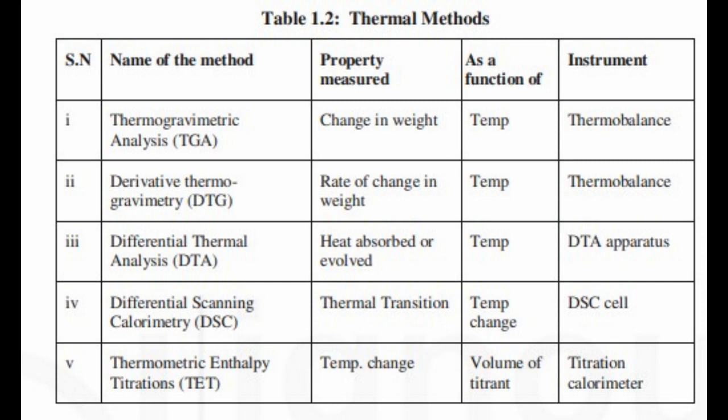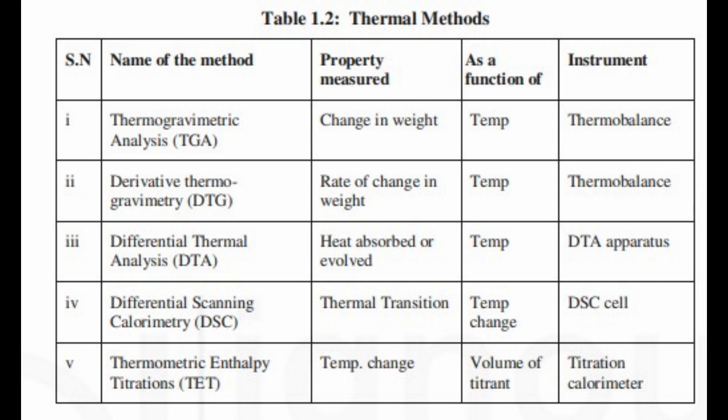In differential scanning calorimetry, DSC, the sample and the reference material are subjected to precisely programmed temperature change. When a thermal transition occurs in the sample, the temperature changed is balanced by adding thermal energy to either the sample or the reference.